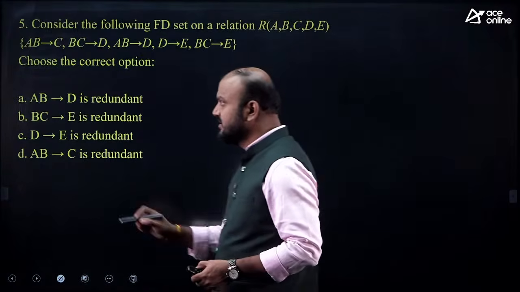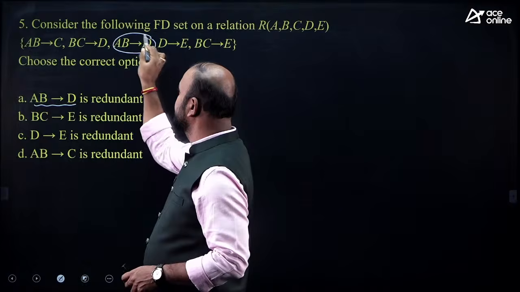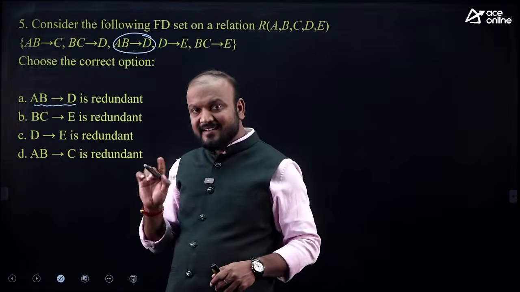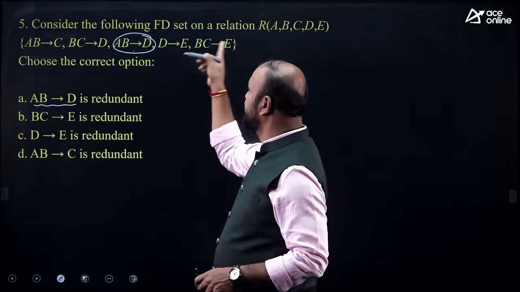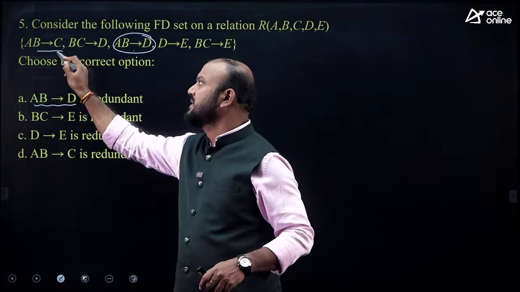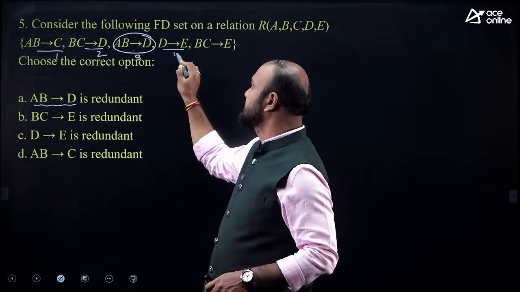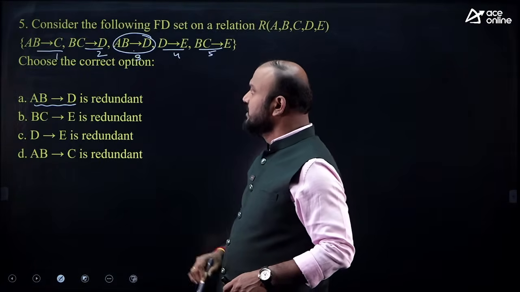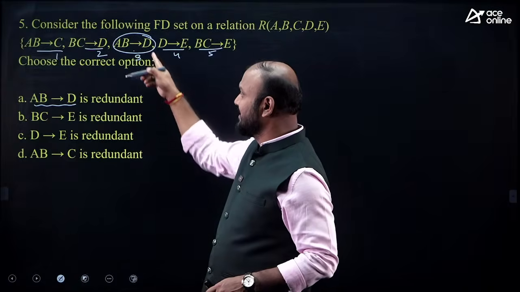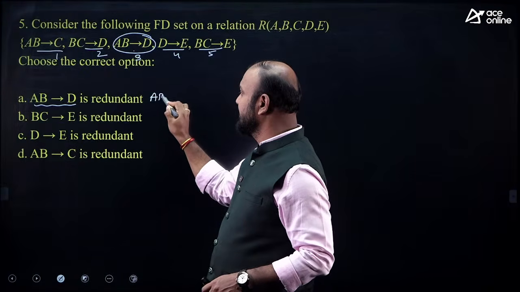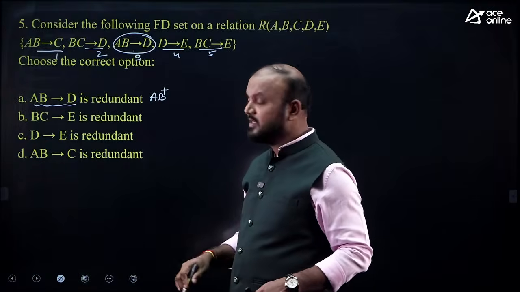If I am saying AB to D is redundant, it should be determined from the other 4 dependencies. Assuming this is dependency 1, this is 2, this is 3, this is 4, and this is 5. If AB to D is redundant, then we have to get AB to D with 1, 2, 4, 5.